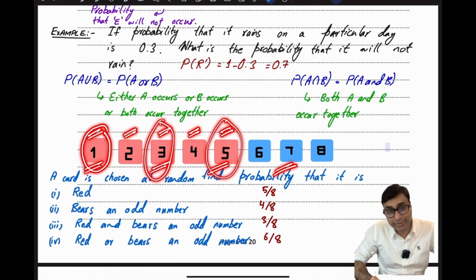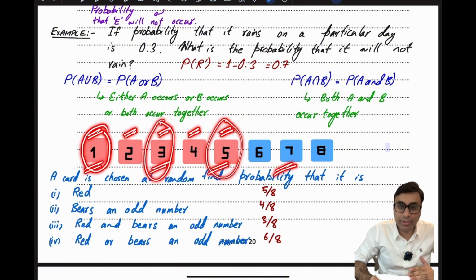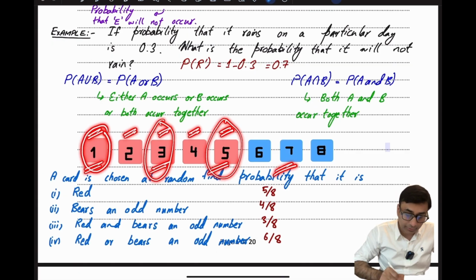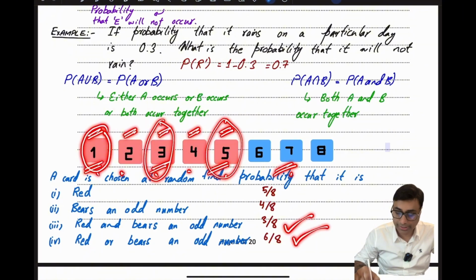So it's going to be either one event or the other event or both. If I try and find that probability, I'll see that there are 1, 2, 3, 4, 5 and 6 outcomes favoring that. So the probability is going to be 6 upon 8.